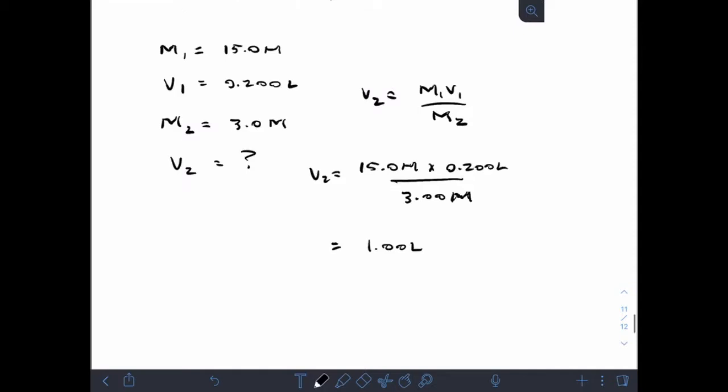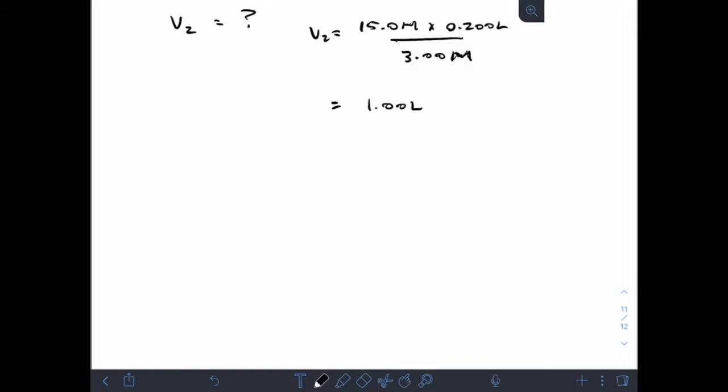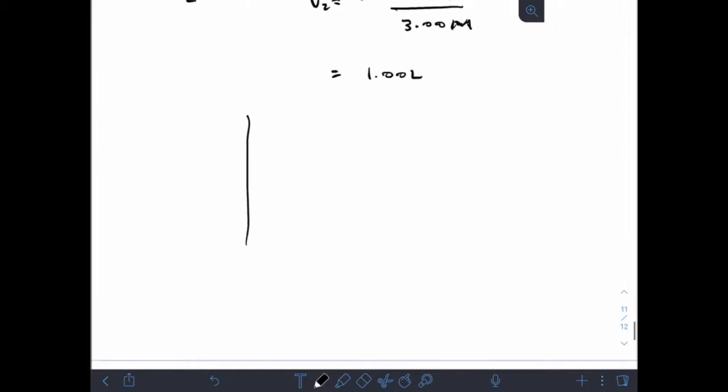All right, so the way this will work in the laboratory is you'll take a 1 liter volumetric flask. And the volumetric flasks are the ones that have the long neck and the sort of bulbous bottom. And they've got a line here, and it'll say 1 liter on it. So that line tells you 1.00 liters.